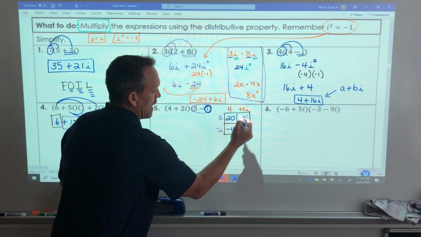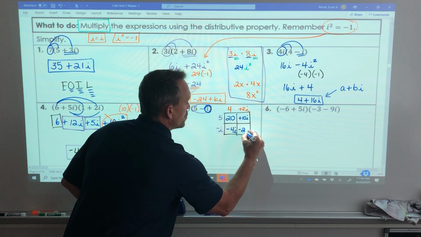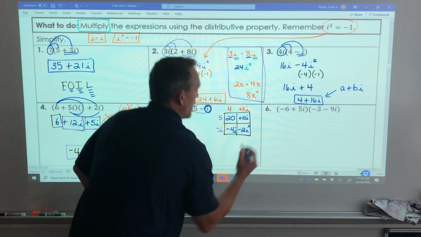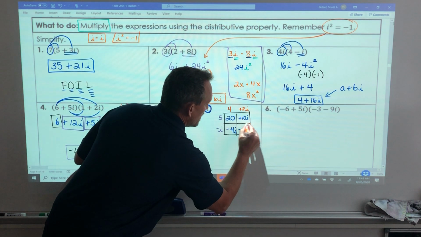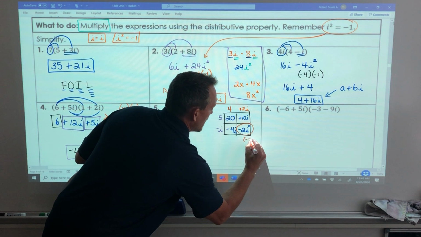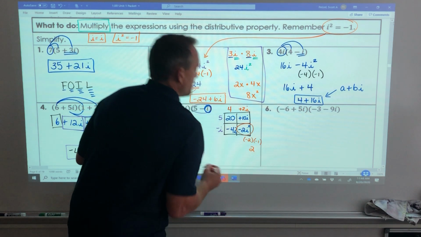And negative i times positive 2i is negative 2i squared. So now we have all our pieces in the box. This negative 2 times negative 1, which is 2.